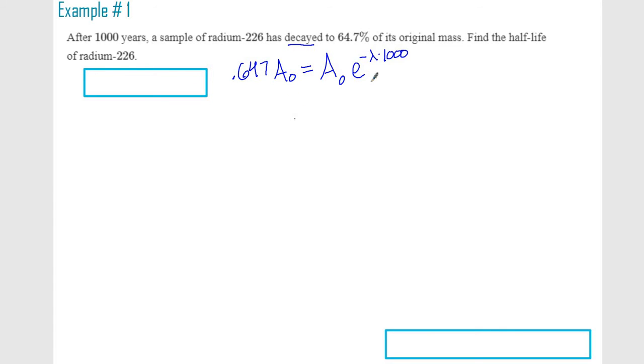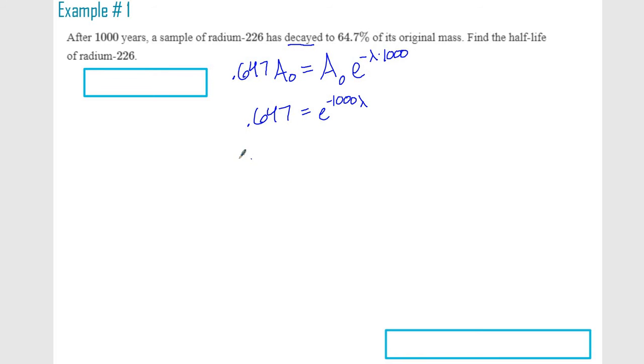So then we can work on solving for lambda, which is our decay constant. All right, so we can divide out the initial amount, so we get 0.647 equals negative 1,000 lambda.